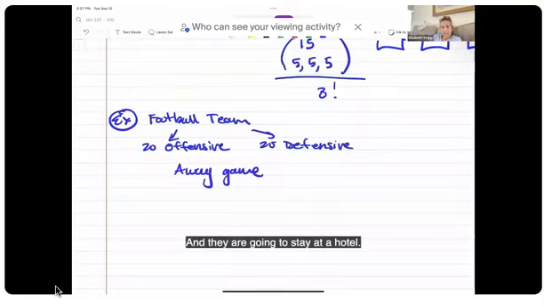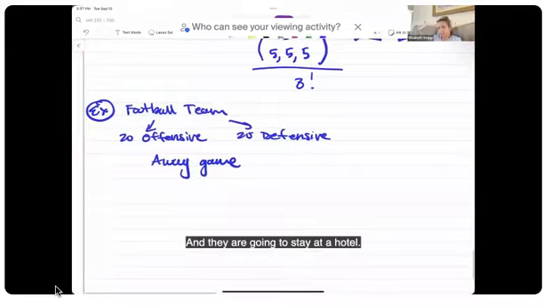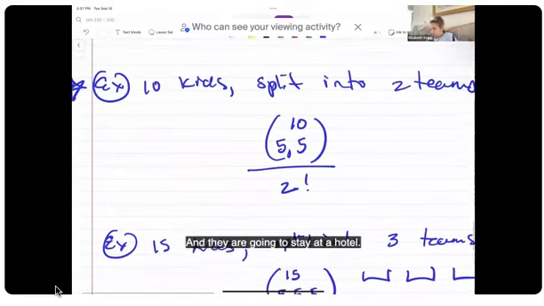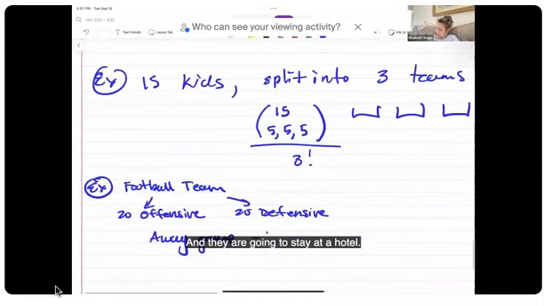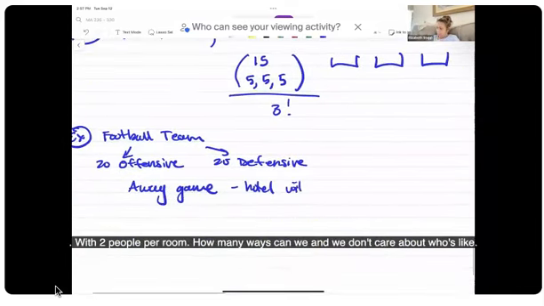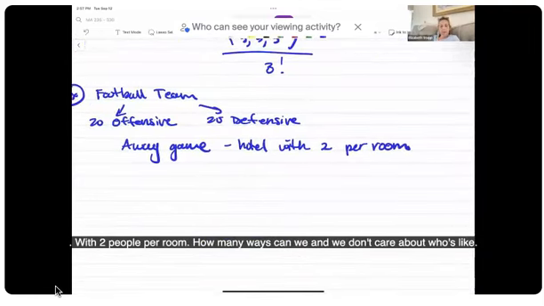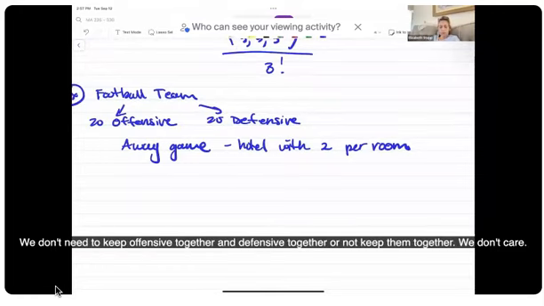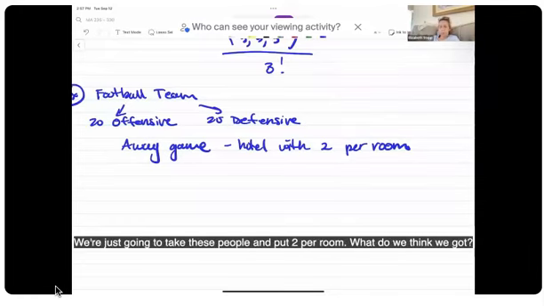And they are going to stay at a hotel with 2 people per room. How many ways can we do this? We don't need to keep offensive together and defensive together or not keep them together. We don't care. We're just going to take these people and put 2 per room. What do we think we got?